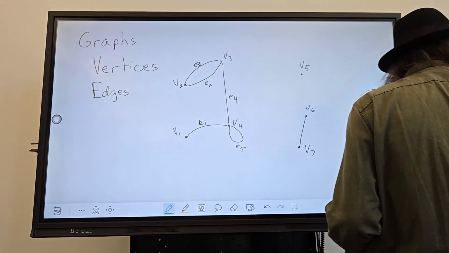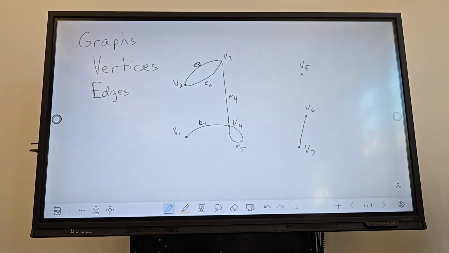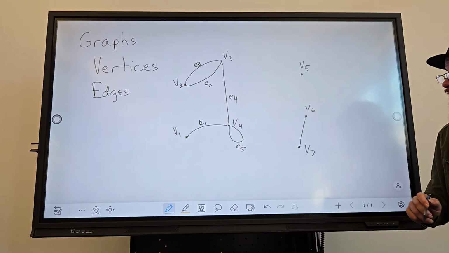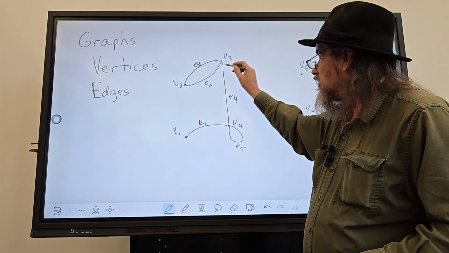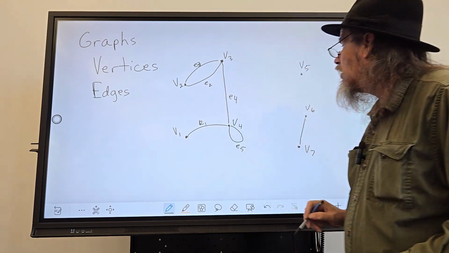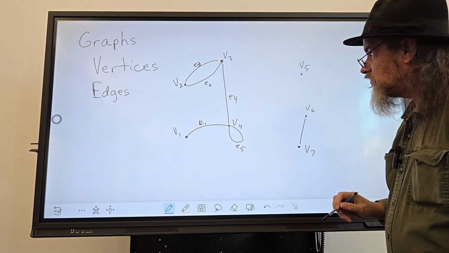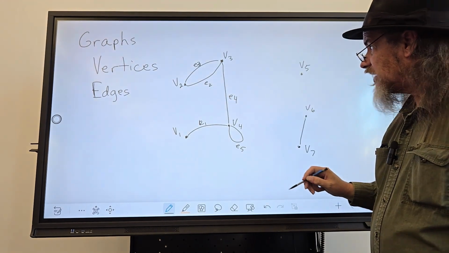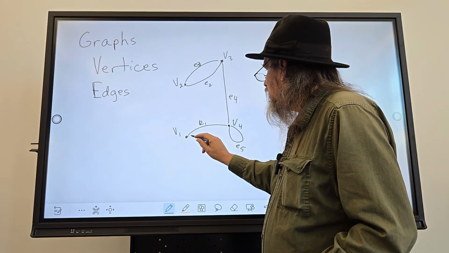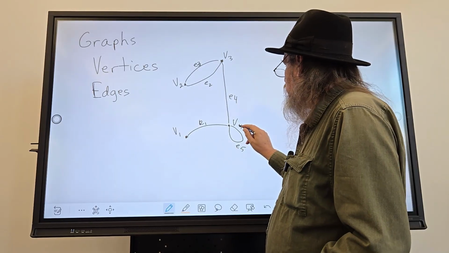So some terminology. The E's are edges. They connect the various vertices. An edge connects two vertices, like in the case of E1, which connects V1 to V4.